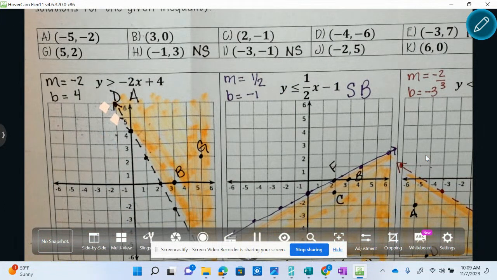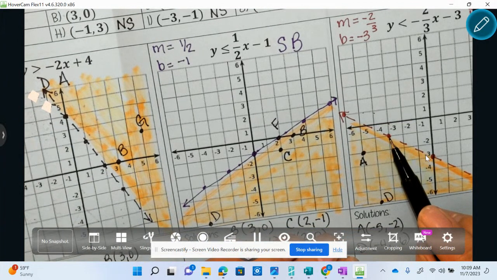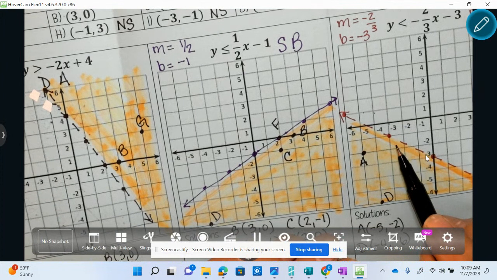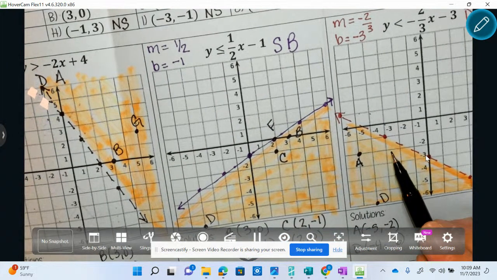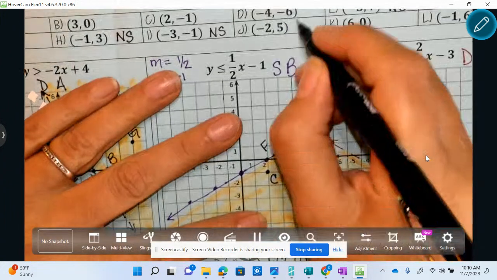Can I ask you, Mackenzie, why isn't it a solution right here? Because that's the ordered pair -3, -1. Perfect. It's a dashed line, and that dashed boundary line is not included. What about the ordered pair -2, 5? Not a solution.